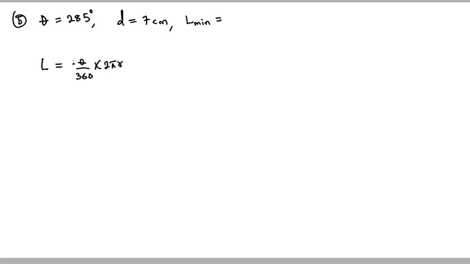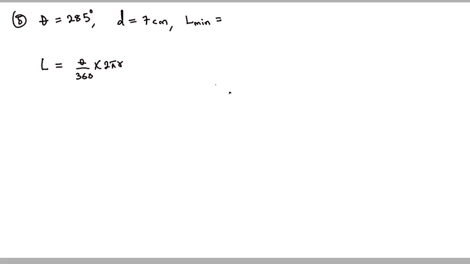But you agree with me here that I will not put 285 in this theta, because this is the formula I'm setting for the minor arc. We are not given the angle of the minor arc. This angle is way bigger, so it serves as the angle of the major arc.